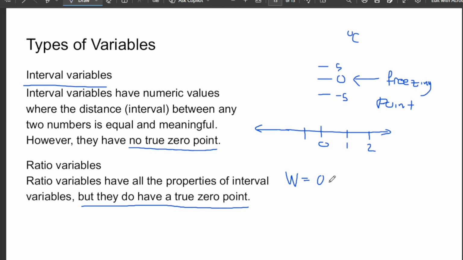Income or money: having $0 in the bank means you have an absence of money. So there's a true absence. If a car travels 0 meters per second or 0 miles, that means the car hasn't moved yet. So they do have a true 0 point. That's for ratio variables.